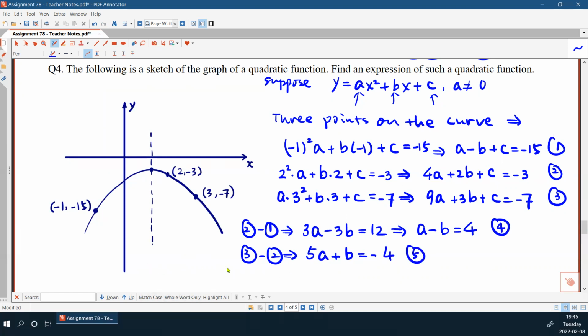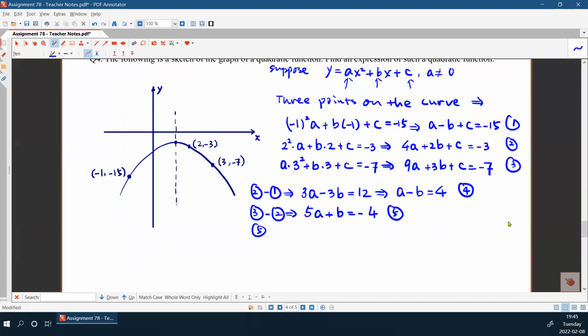Then we can use 5 and 4. Oh, I made a mistake. This should be a plus sign, not subtraction. Should be a plus b equals 4.